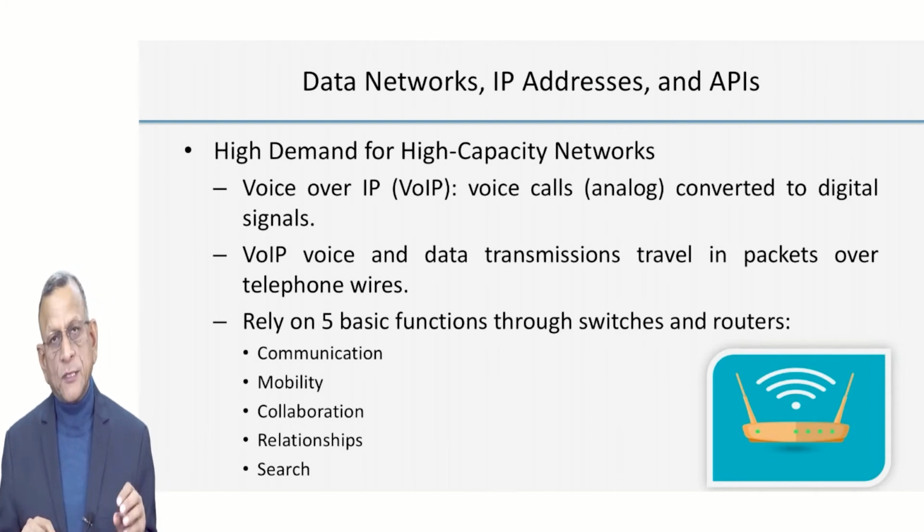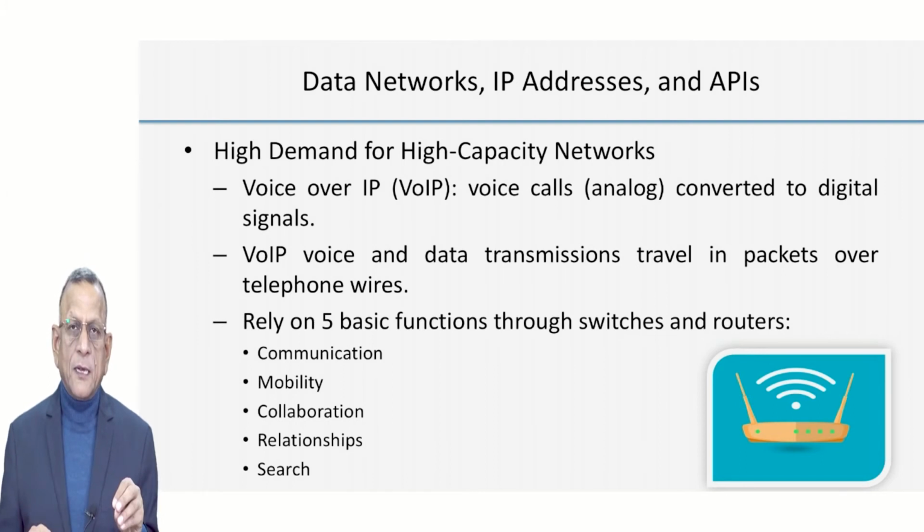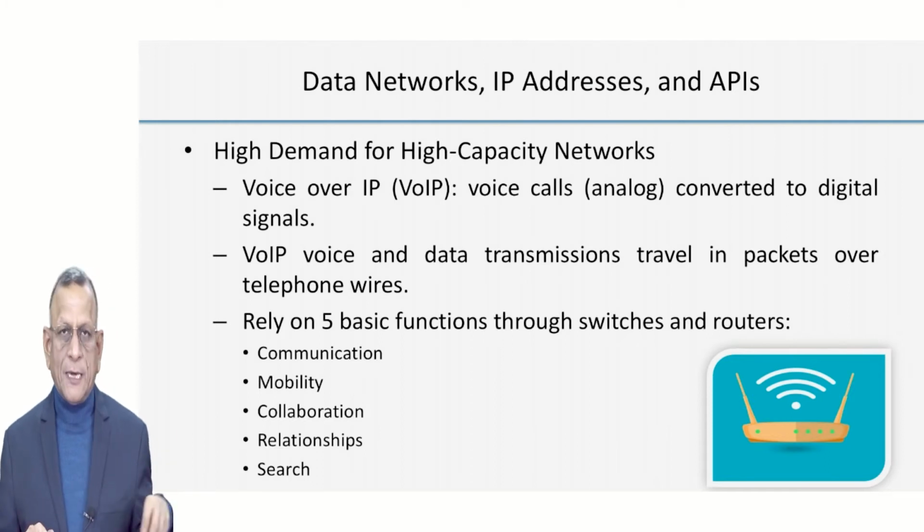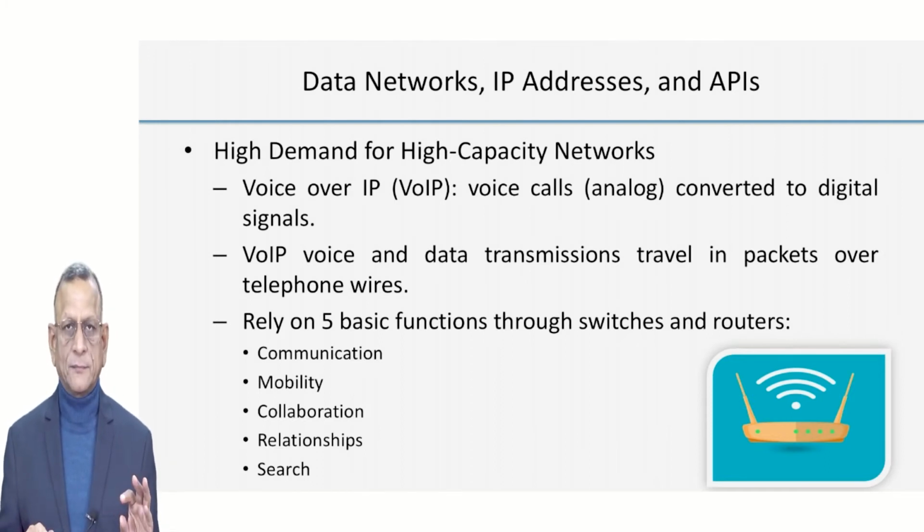What are the switches and routers? Switches are like gates, like barriers, like traffic lights. When you are going from a particular point to another point, say from university to civil lines, you will find a few huge crossings having red light.